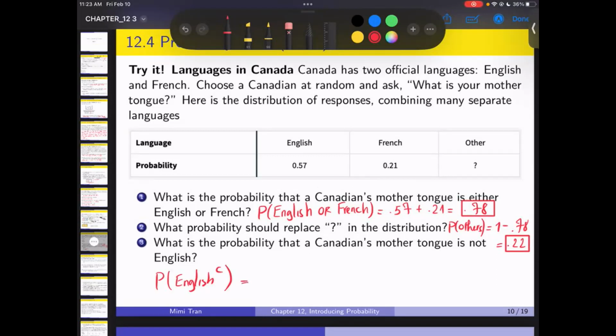So it's 1 minus 0.57, which is 0.43. Or you can add the French and the others together. So let's do 1 minus this complement. All right, I hope you get the complement and the addition rule, the disjoint events.